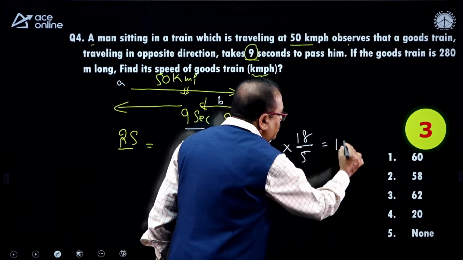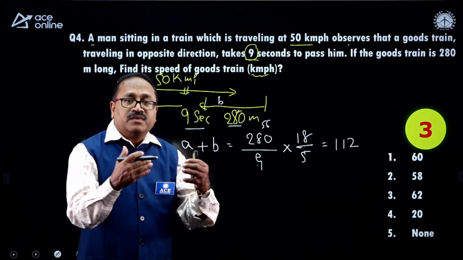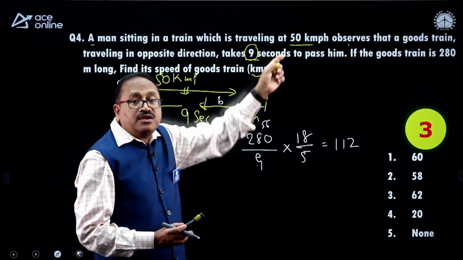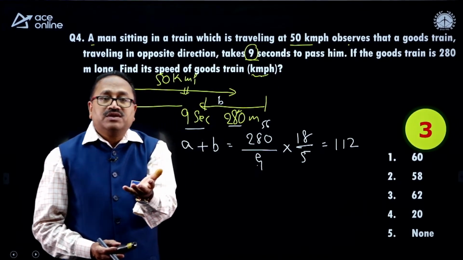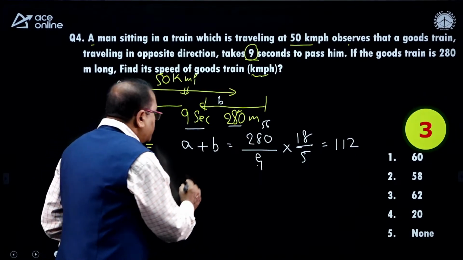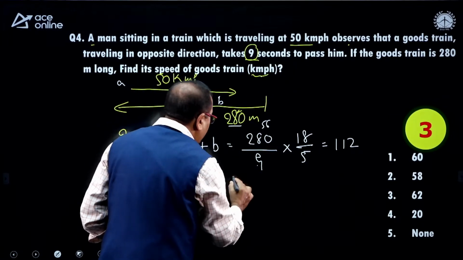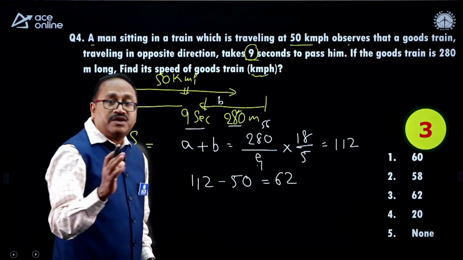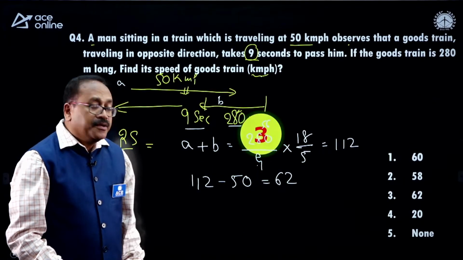I will be getting here 112 kilometer per hour is A plus B, the sum of the 2 trains, and I already know the speed of one train. So obviously I can find out the speed of the goods train. And what is that? That is 112 minus 50, and that gives us 62 kilometer per hour as your answer. Option choice is 3.